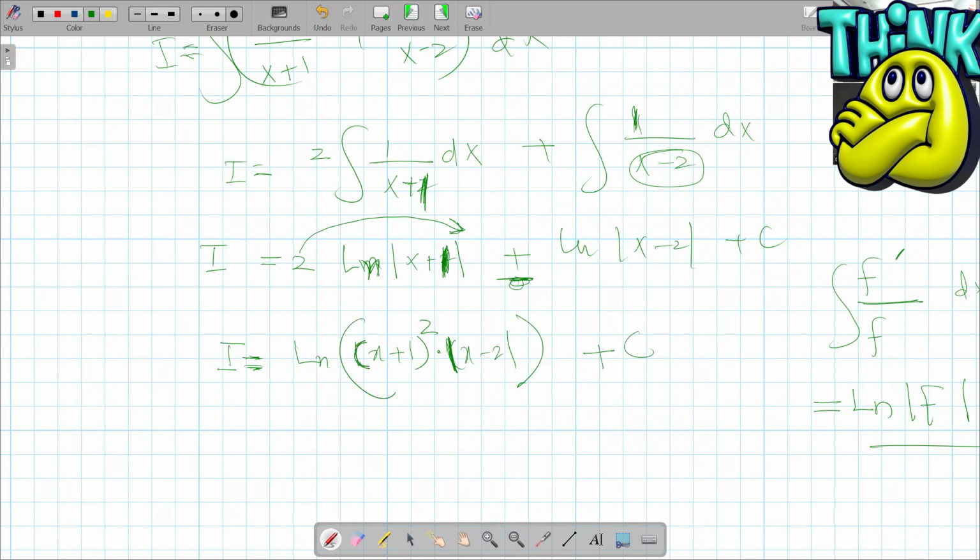I removed the absolute sign from the first term here because the square will make it positive, so you don't need to put an absolute sign, right? But the absolute sign will be given in the second factor like this. So this is the answer to this question.